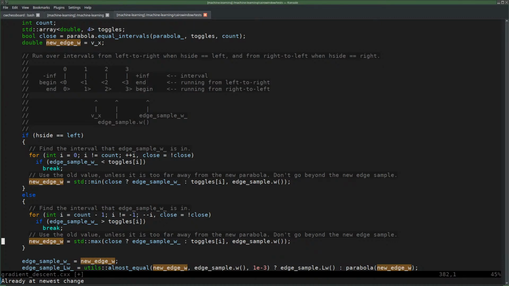This doesn't look good. Just does not look good at all. It is not good. Wait a minute.